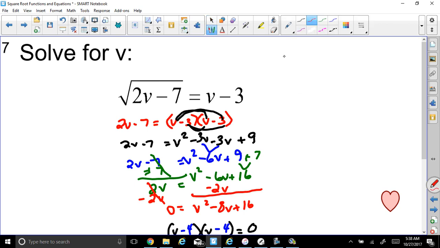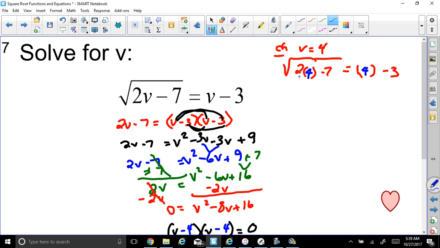So let's use that in the original equation here. Square root of 2v minus 7, and all of that's under the square root sign, equals some number, which we call v, minus 3. So everywhere I see the v, I'll replace it with a 4.